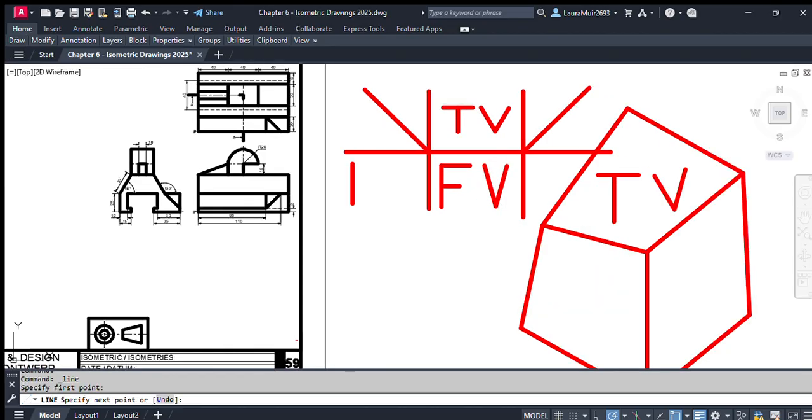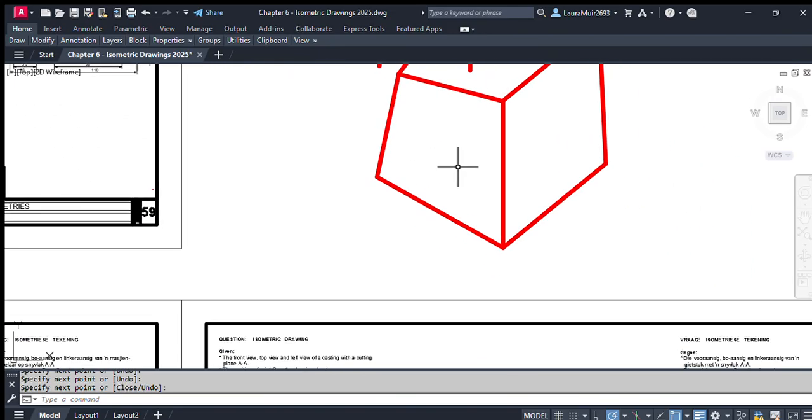I've got the left view, which means in my diagram over here, I have a left view and my front view is now on that side.